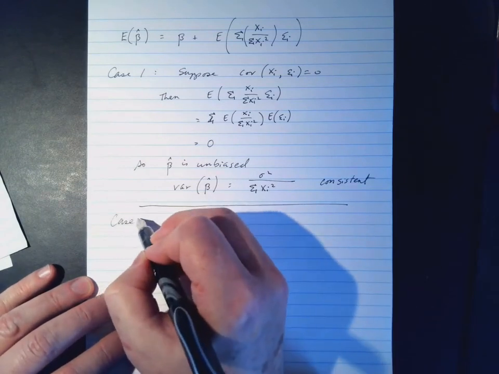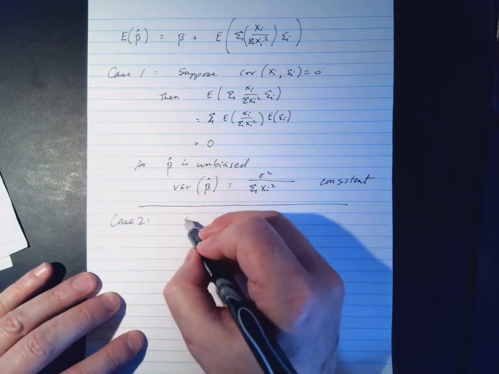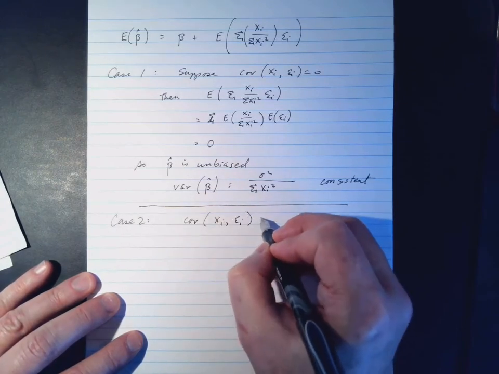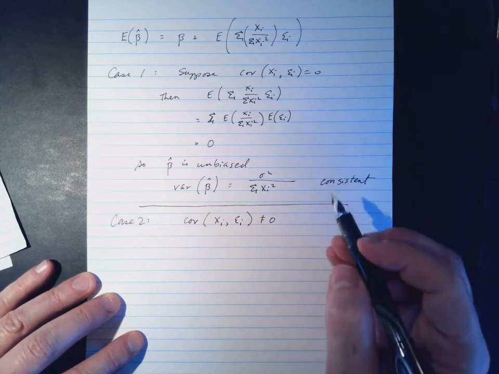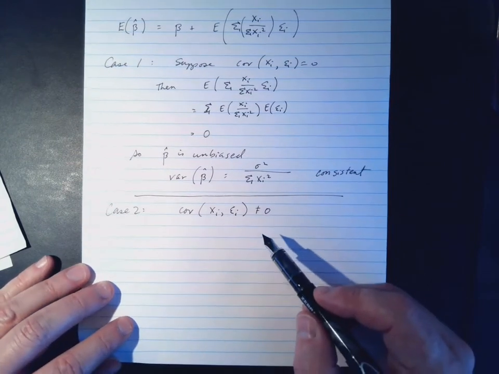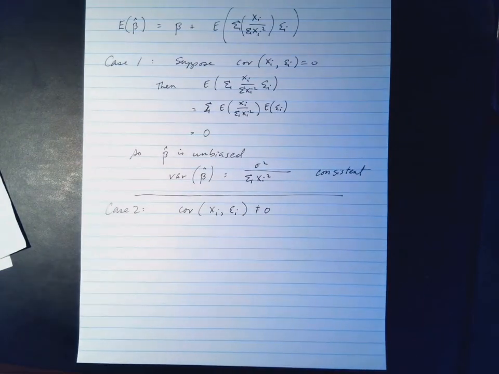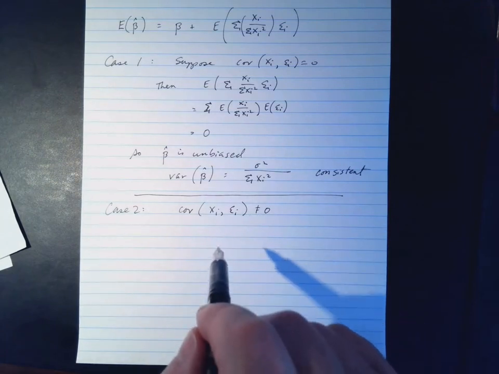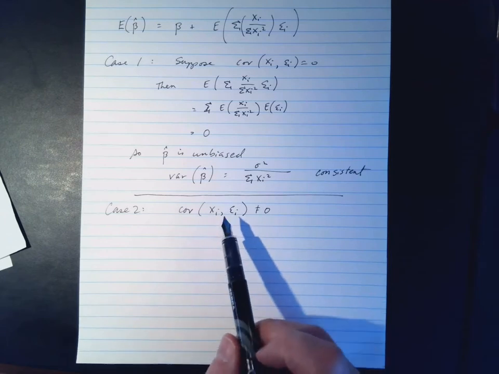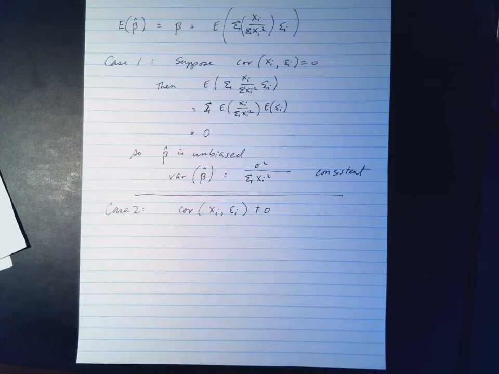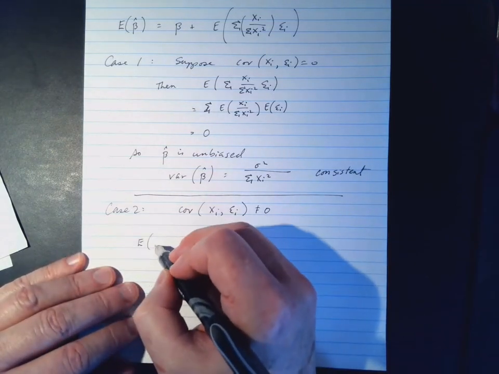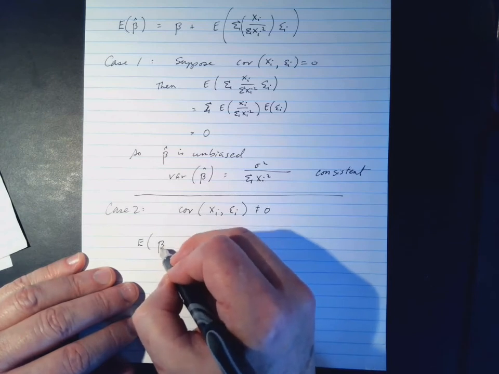The second case is, suppose that the x's and the error terms are correlated. They have either positive or negative covariance. And this is important because this is what endogeneity gives you: it causes the x's and the error terms to be correlated with each other. So then we can't make that reduction.